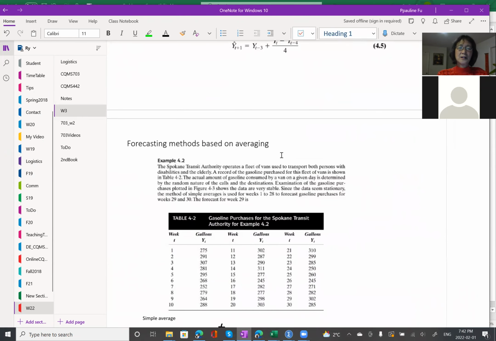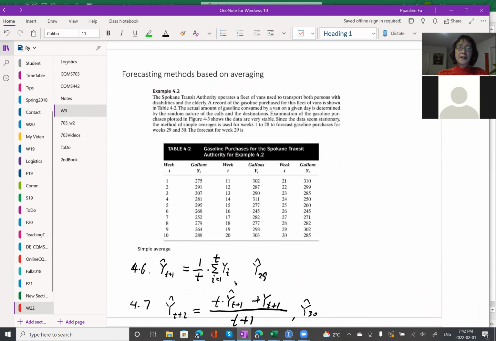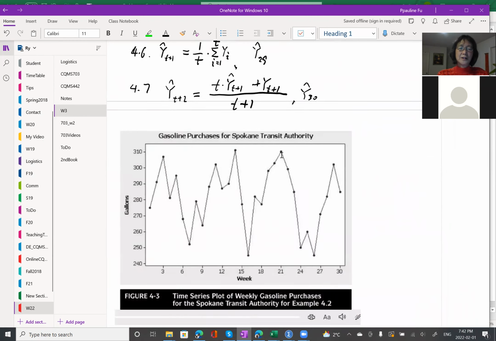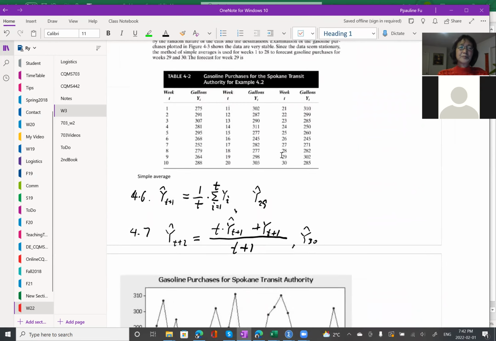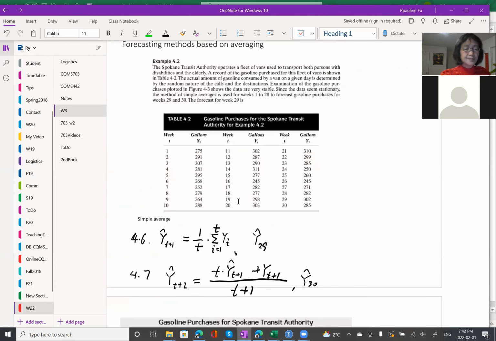Okay. So next, I'm going to explain an example, using example 4.2 in the textbook. So this one, the data is given.